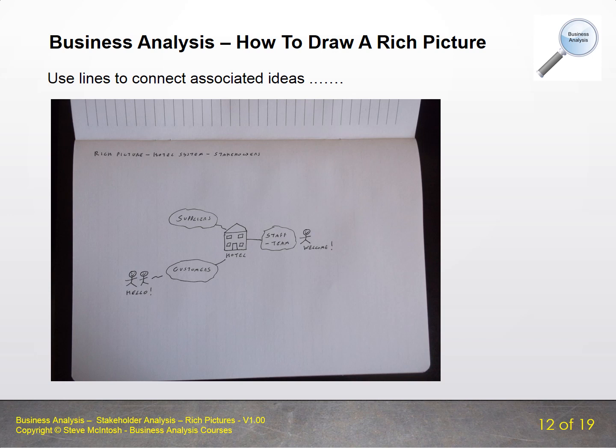You can then start adding imagery, little icons, bits of text to expand on that.